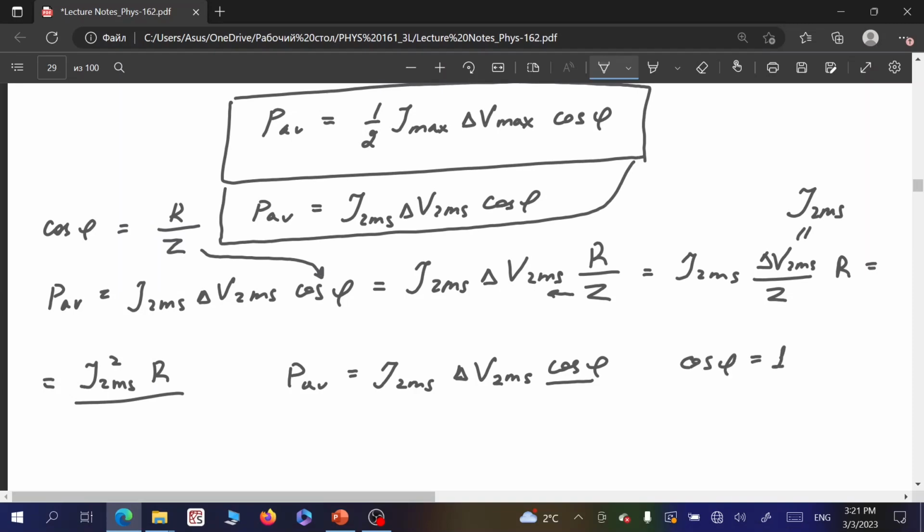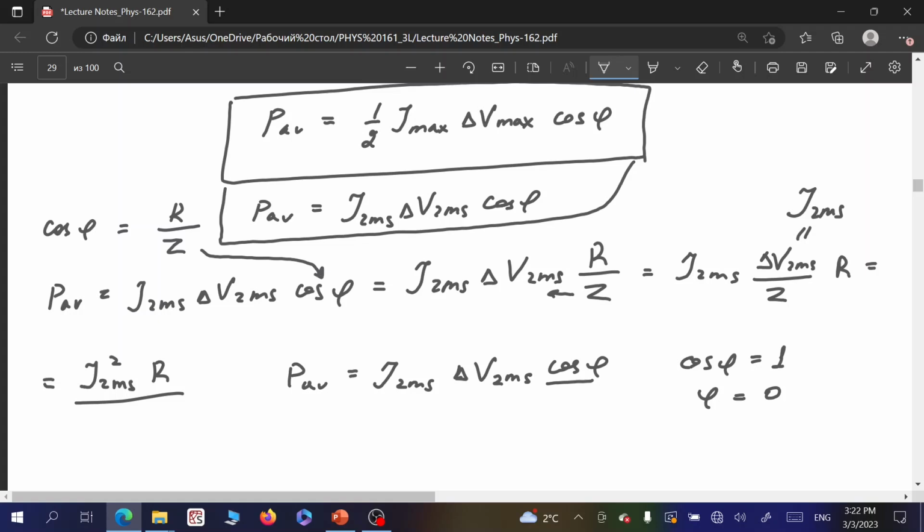That will be the maximum useful power which we can deliver to the AC electric circuit. That will happen when this angle phi, the phase shift between current and voltage, is zero. So ideally, when the AC electric circuit is dominated by the active resistor.